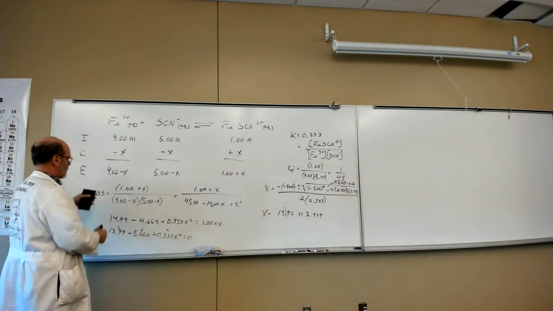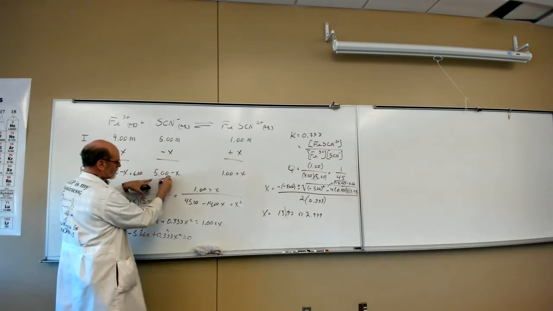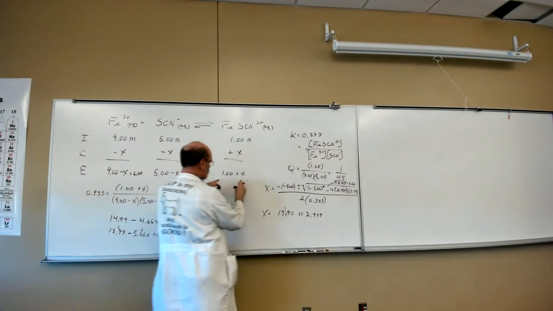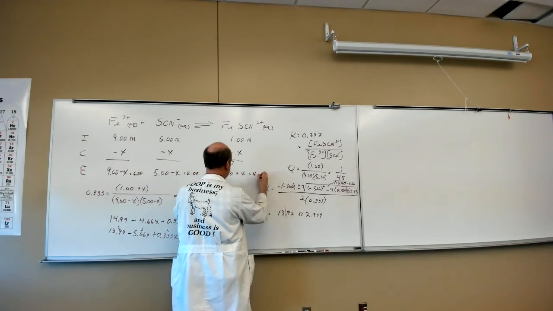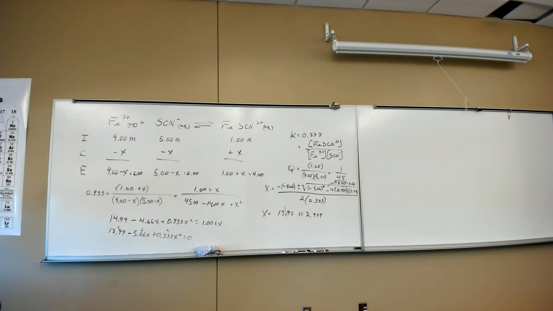So that makes this one 6, this one 2, and this one 4. So those are the concentrations at equilibrium.